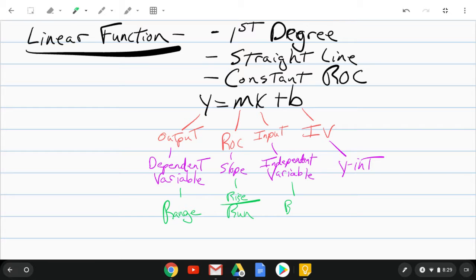There we go. Domain. Another name for the y-intercept? There we go. Constant.